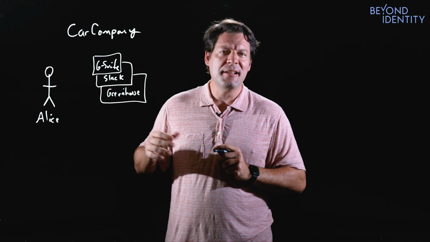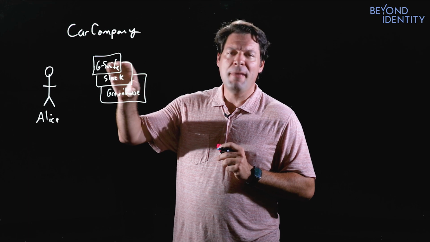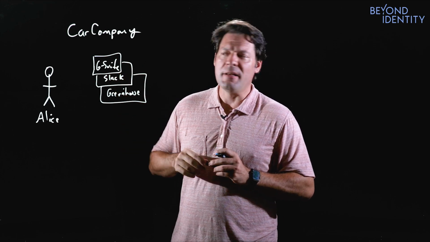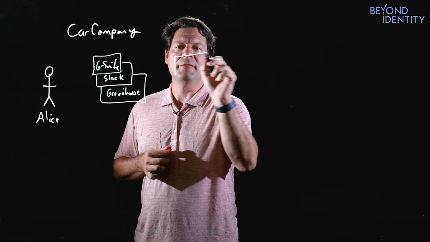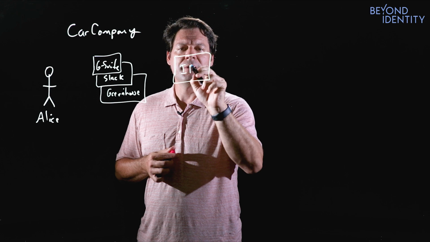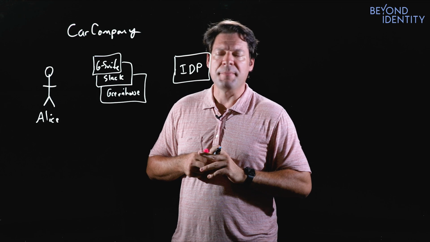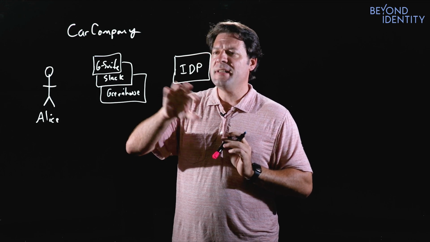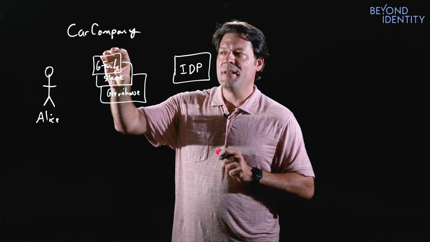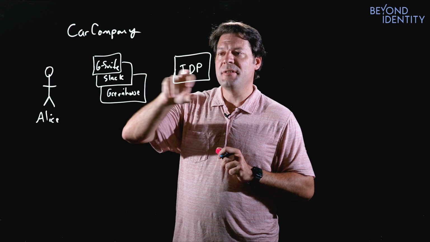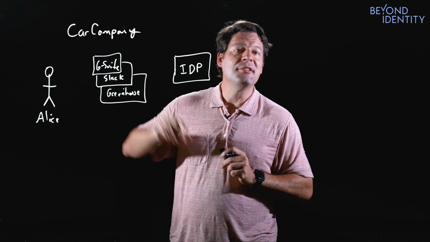It would be a nightmare from an administration perspective if I had to manage each of these applications independently. It turns out I can use something called an identity provider, IDP for short, to manage users across different apps. Not only that, but by using an IDP, these applications can delegate their authentication of end users to the IDP, so that usernames and passwords don't have to be managed in each of these locations.